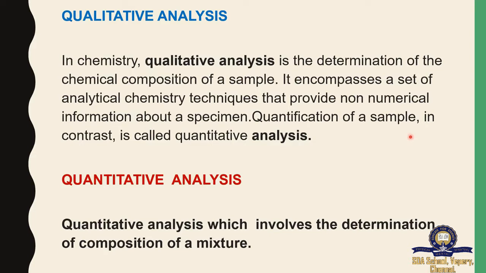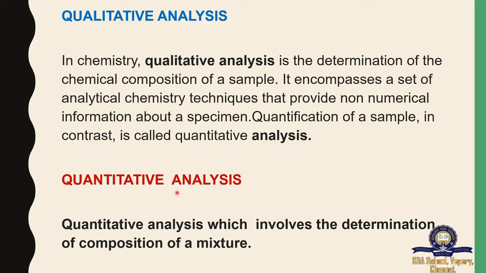Quantification of a sample, in contrast, is called quantitative analysis. Here, in qualitative analysis, we only discuss the quality of the particular chemical present in the given sample. It is not measuring a quantity, how much of the sample is given.